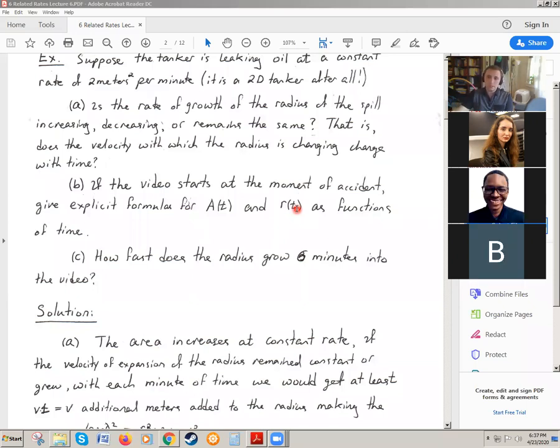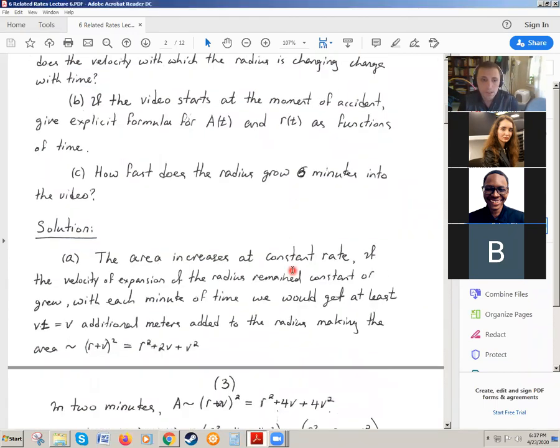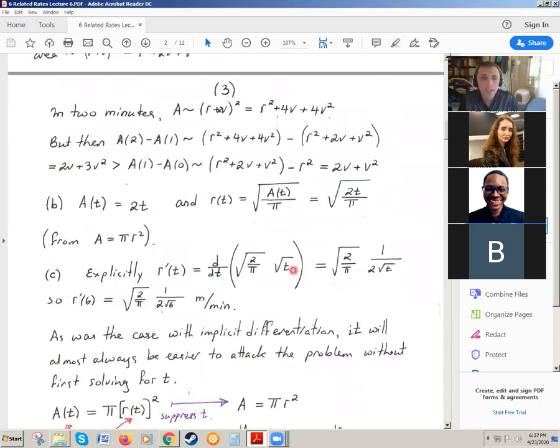Would you have to take the derivative? Yes, of course. That's what derivatives are at the very first, what they mean. Here we explicitly calculated what r of t is: r of t is the square root of 2t divided by pi. That's an explicit formula for r, so it's changing in t.